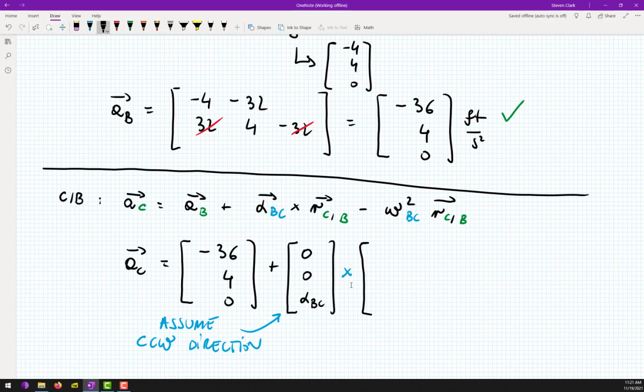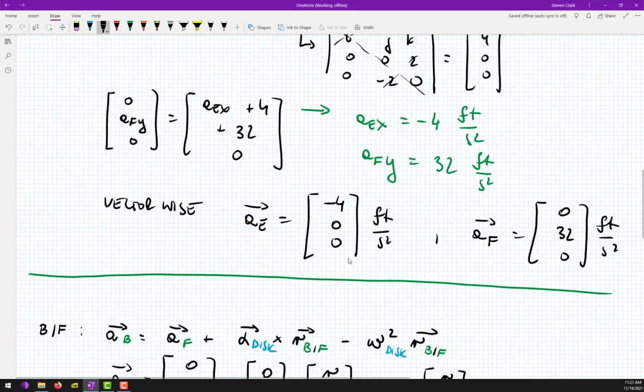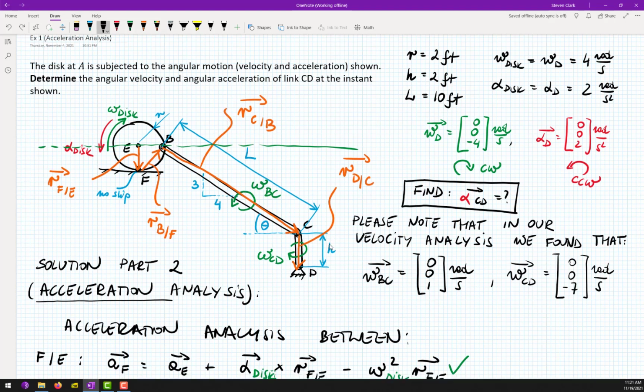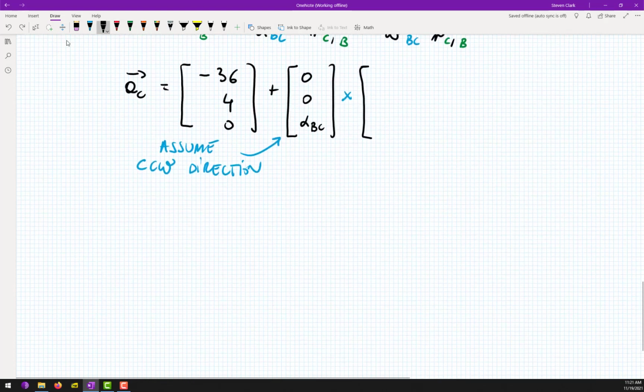Okay, so I have to scroll up the board again. RCB is here. So we know the length of that vector. That length is 10. And we know the slope. Yes, slope is 3 units downwards and 4 units towards the right. I think the best way to find that vector is if we draw this Pythagorean triangle. I hope you remember that from probably primary school or middle school. 3, 4, 5, yes?